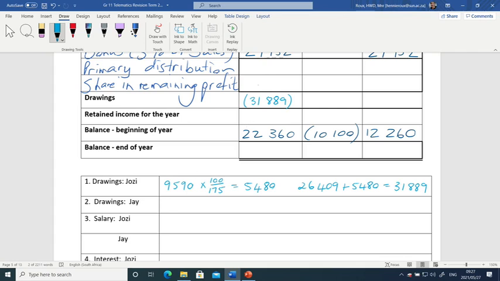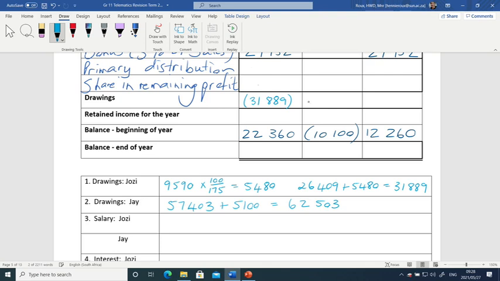Jay, they said Jay used a business EFT to settle his personal telephone account of 5,100. That was obviously not yet recorded. The amount given on the pre-adjustment trial balance for drawings for Jay, plus then the 5,100 that he paid for his own personal use, 62,503.